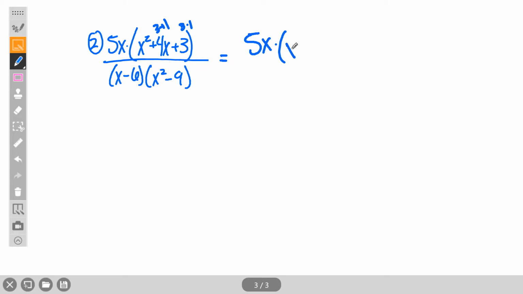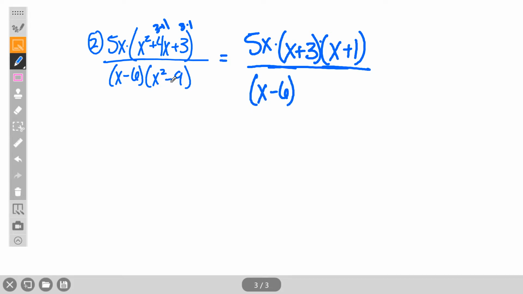So that factors into x plus 3 and x plus 1. The numerator has 3 factors: 5x, x plus 3, and x plus 1. In the denominator, I have x minus 6, but x squared minus 9 can be factored because it's a difference of two squares, x to the second power and 3 to the second power. So that factors into x plus 3 and x minus 3. The denominator has 3 factors.